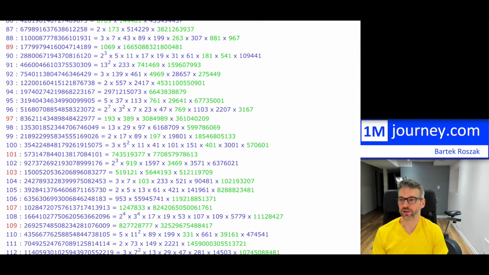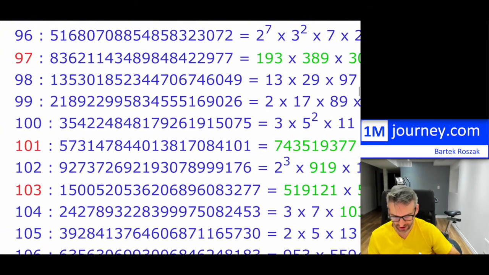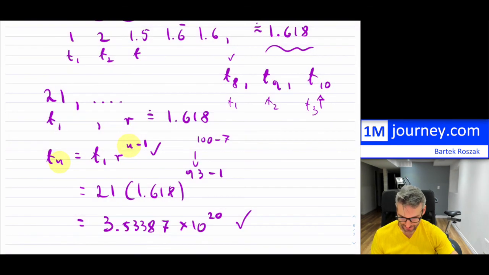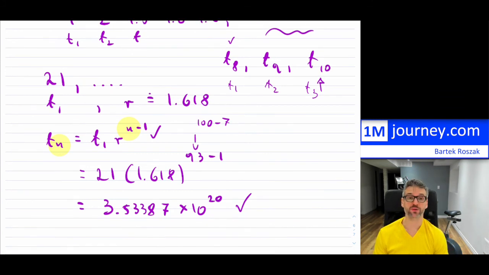So I'm looking at the 100th term right there, and I was just counting how many digits, because if it's in scientific notation, what it would be. So notice it's 3.5422. That's the exact one that they put there. And ours is 3.53387. Again, we're approximating because that ratio is not exactly 1.618. It's not exactly that, but this is how you would tackle this question. So I hope it gives you an idea, and that was the main goal of this question.